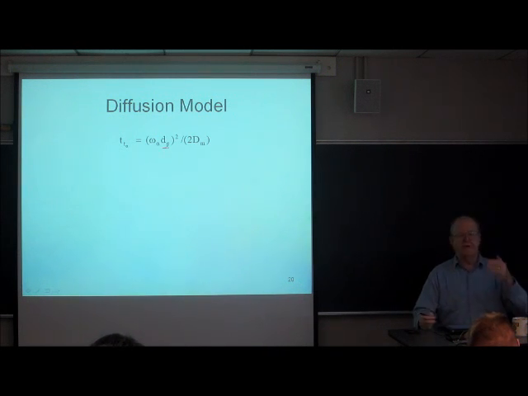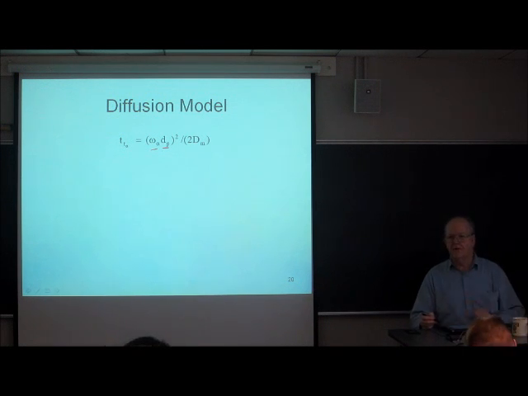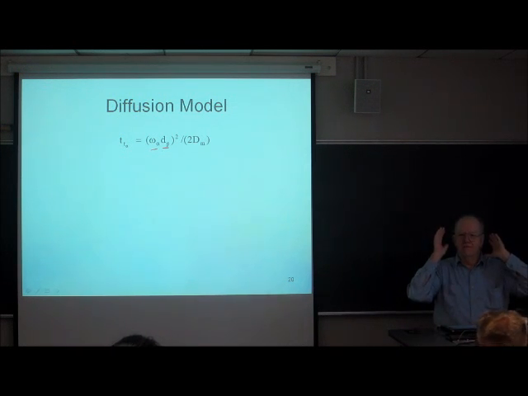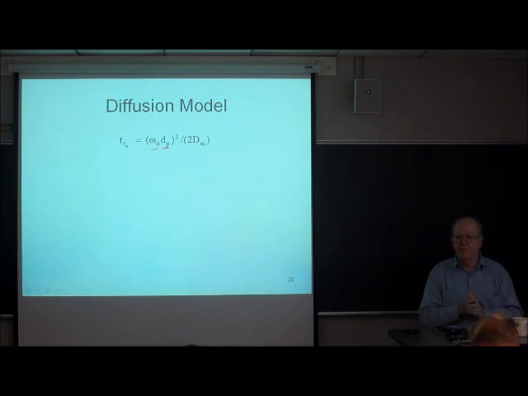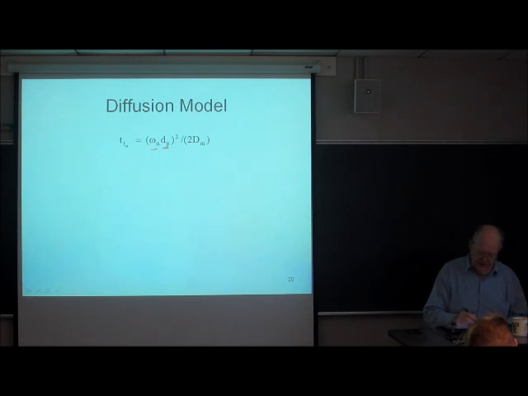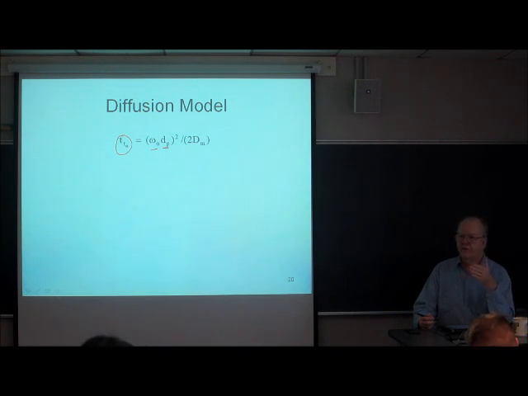So we say that the diffusion distance is proportional to the particle diameter. We don't know the proportionality constant, but this thing in parentheses has units of distance. So we have to square it and divide it by the diffusion coefficient, and we throw in the 2 for sigma squared equals 2Dt, and this gives us an estimate of the transport time it would take to move from one flow stream to the other only by diffusion.